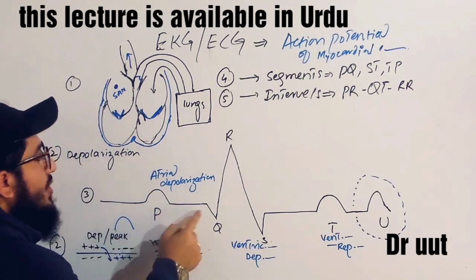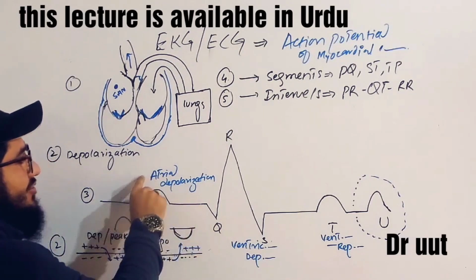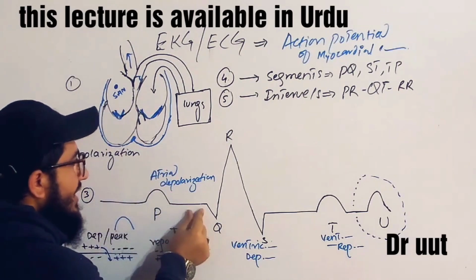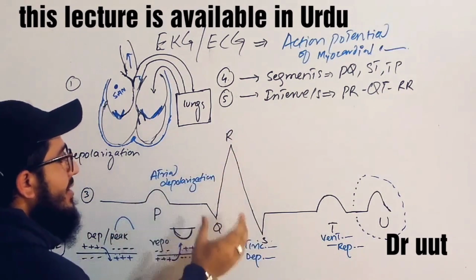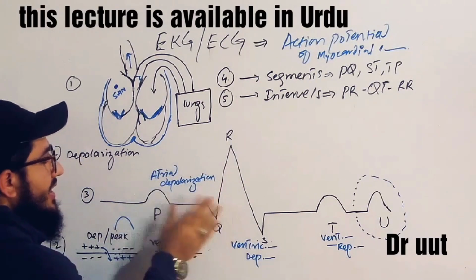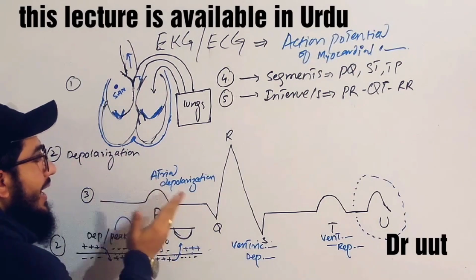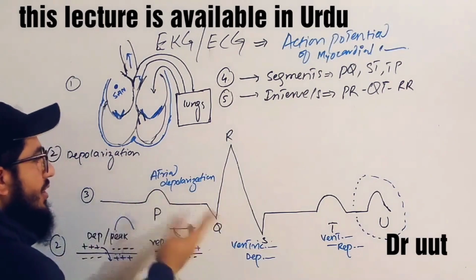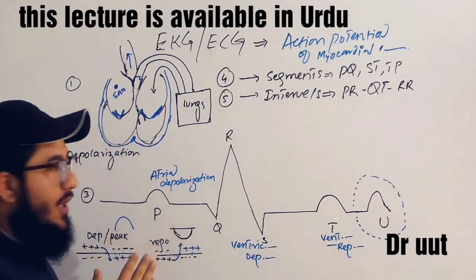The atrial depolarization is done, but the repolarization is a bit hidden by the QRS complex, or you can say by the ventricular depolarization. So in between this segment, the atrial repolarization is a bit missed, like hidden, you can say.